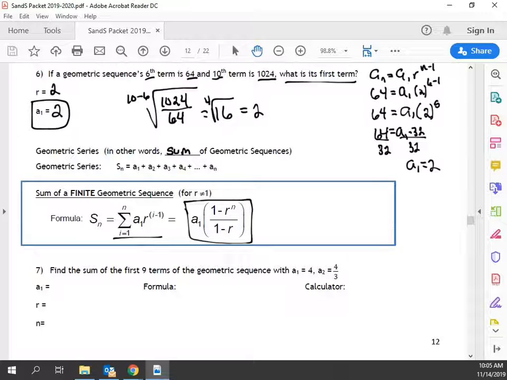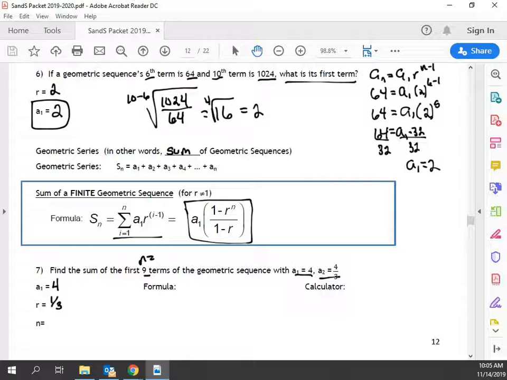So let's look. Find the sum of the first 9 terms of a geometric sequence with A1 equal to 4, A2 is 4/3, and so forth. Our first term is 4. It goes from 4 to 4/3. What do we multiply by? 1/3.